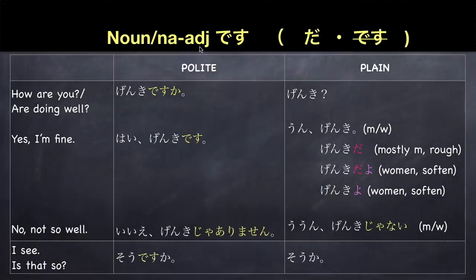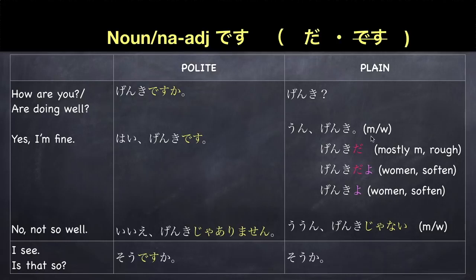For nouns or na adjective, we change des to da or sometimes remove it completely. For example, how are you or are you doing well? Genki desu ka? In plain form, you can just say genki. Yes, I'm fine. Hai, genki desu. Genki.